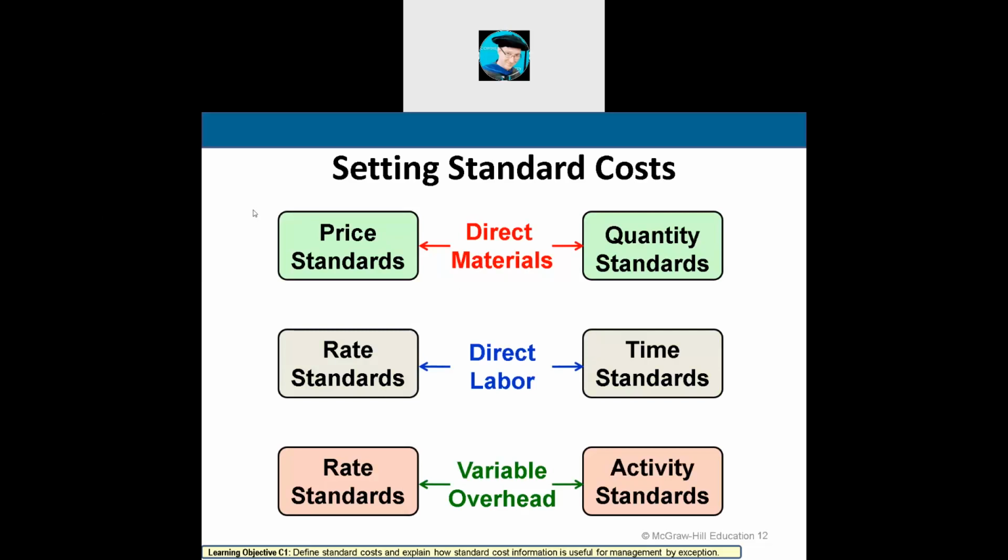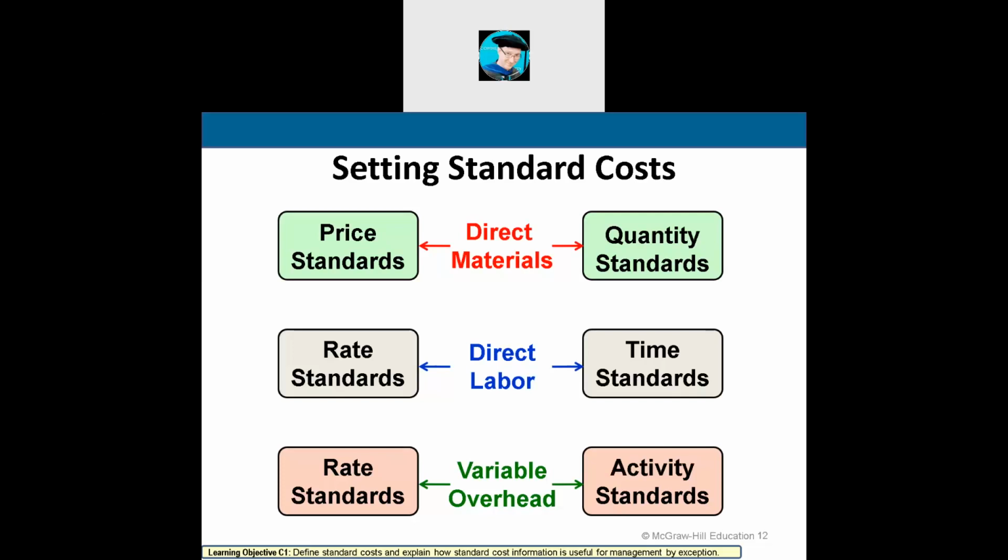So for standard costs, in order to understand what your standard costs are, we look at the normal price, the standard price, and we look at the normal quantity, the standard quantity. Going back to the previous chapter, remember the hockey stick company? They make the hockey sticks. Well, when we were talking about that, they normally use half a pound of wood for each hockey stick.